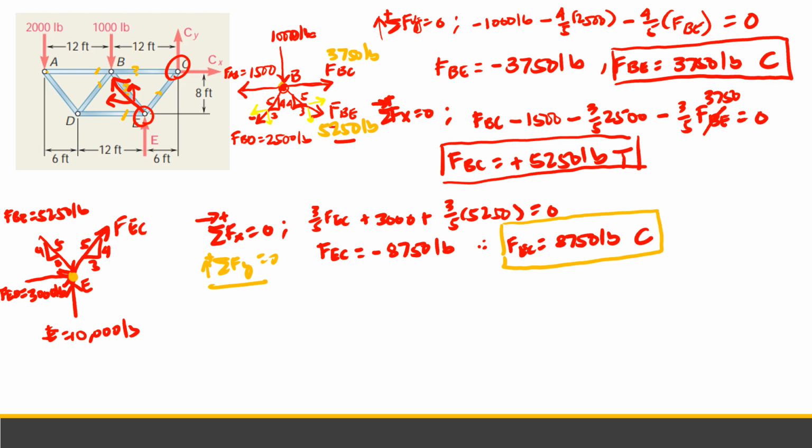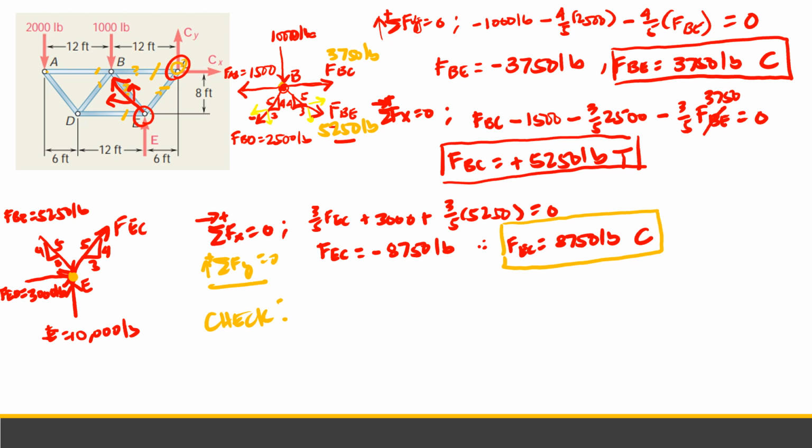Okay, so the last joint is C. Since the forces on B, C, and E are now known, we need not solve at joint C, but we must check whether our values are correct.